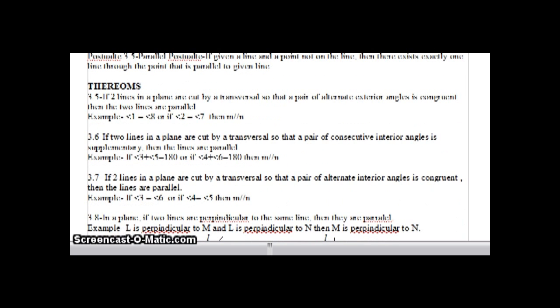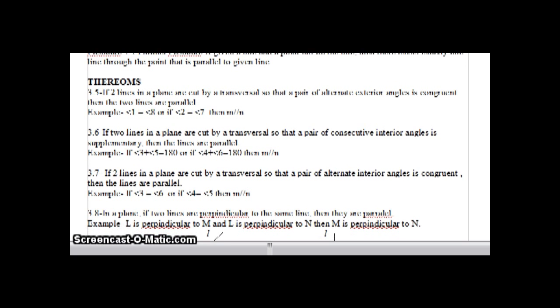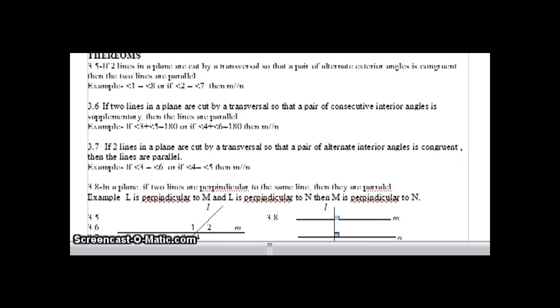Theorem 3.5. If two lines in a plane are cut by a transversal so that a pair of alternate exterior angles is congruent, then the two lines are parallel. In the example, if angle 1 is congruent to angle 8, or angle 2 is congruent to angle 7, then line M is parallel to line N. Theorem 3.6.